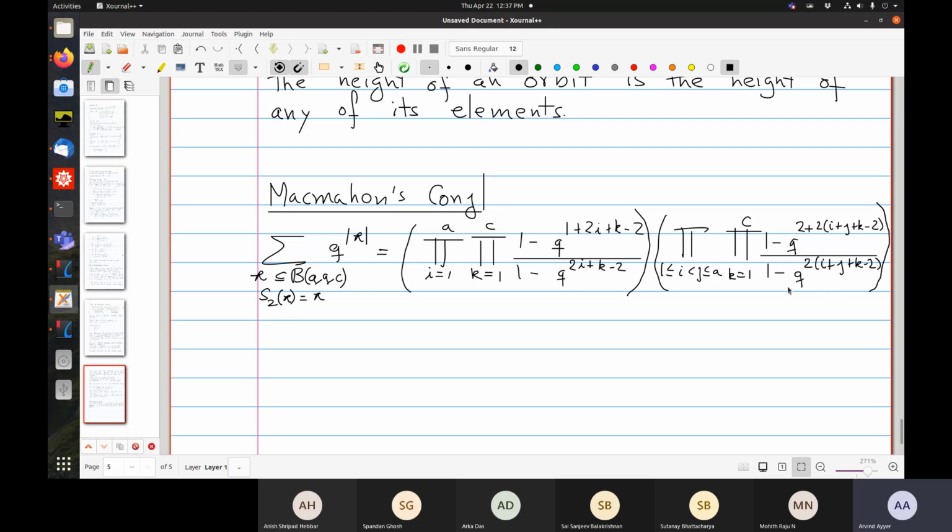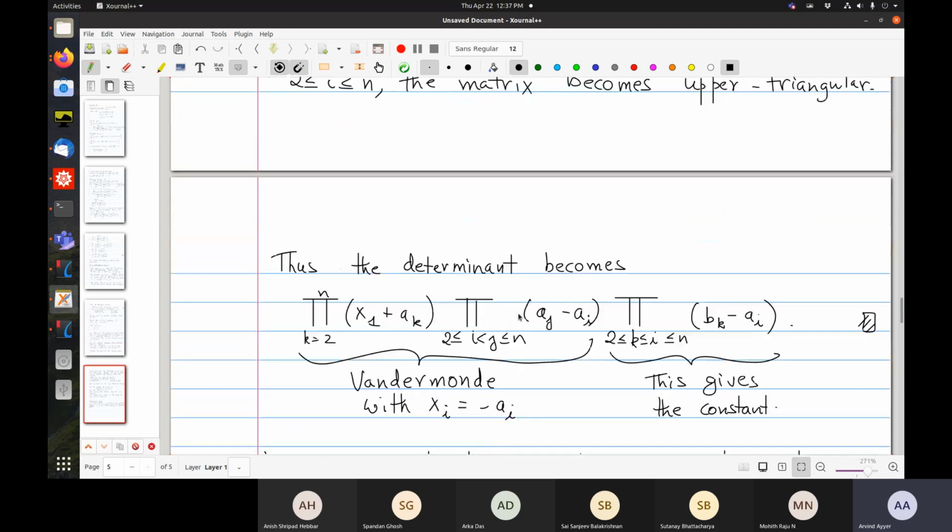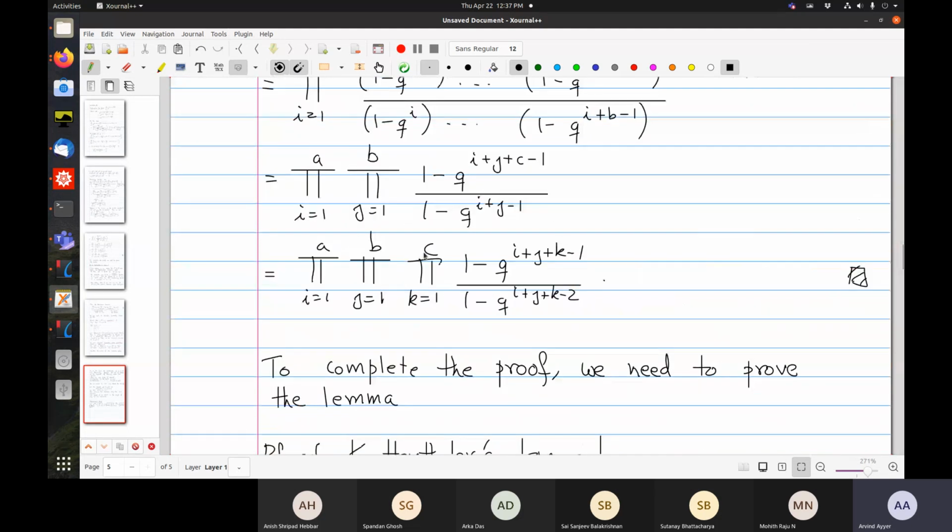Okay. So you would notice something similar if you compare with the box formula. In the first term, the 1 minus q power whatever is 1 larger than whatever is below. In the second term, it's 2 larger than what is below.